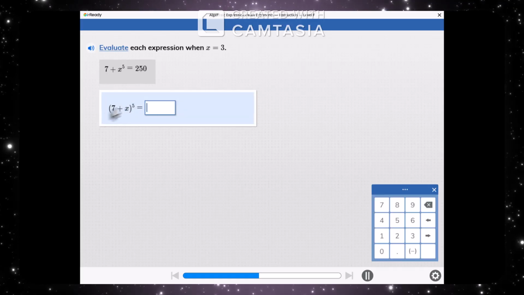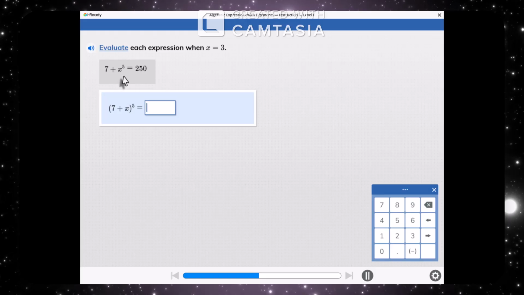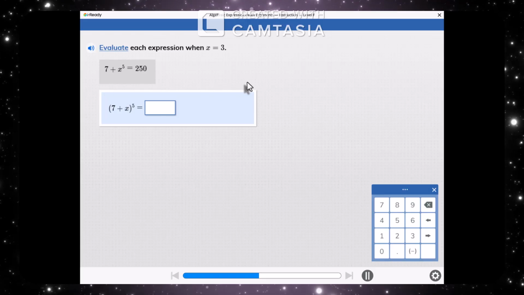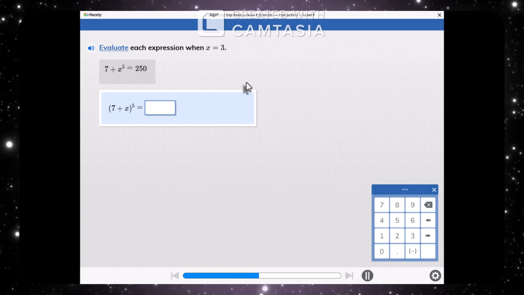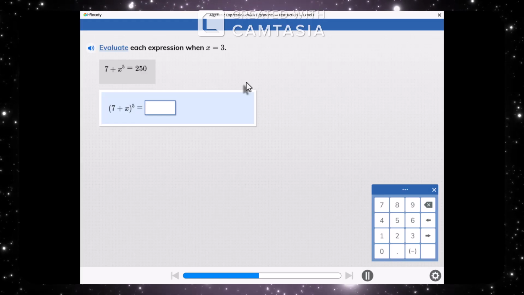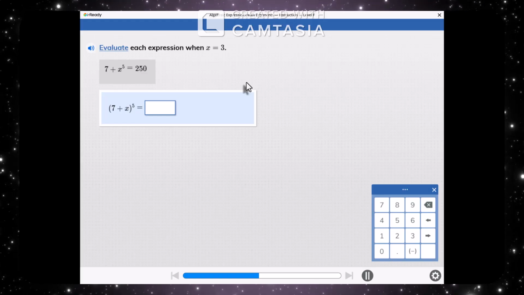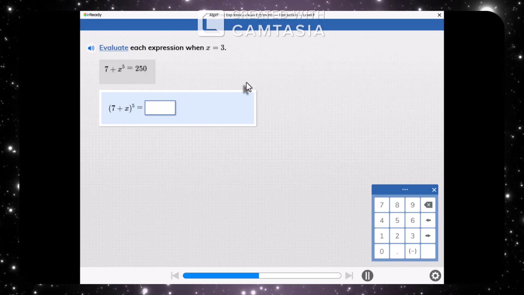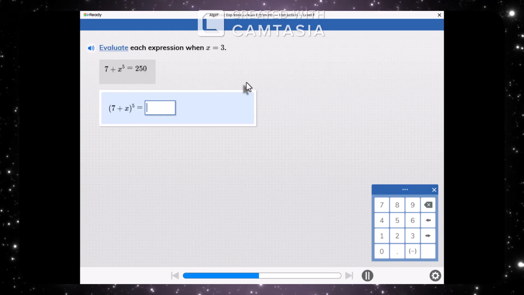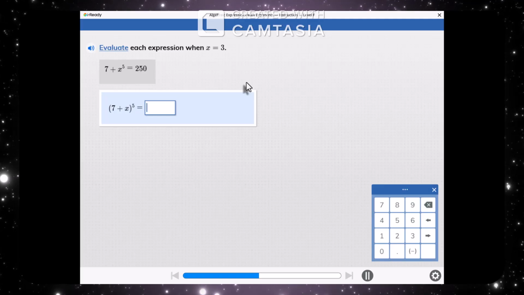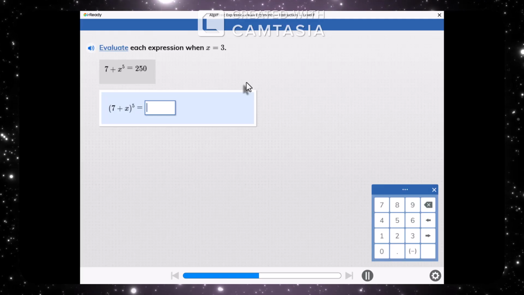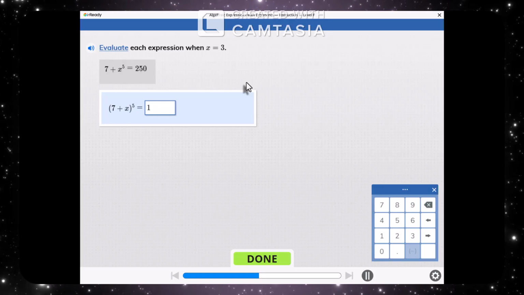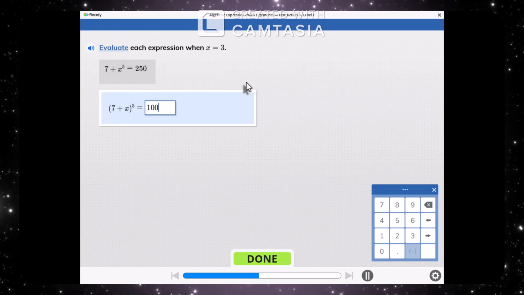Seven plus x is going to be 10, used as a factor 5 times, which is going to be 10 times 10 is equal to 100. 100 times 10 is going to be 1,000. 1,000 times 10 is going to be 10,000. 10,000 times 10 is going to be 100,000.